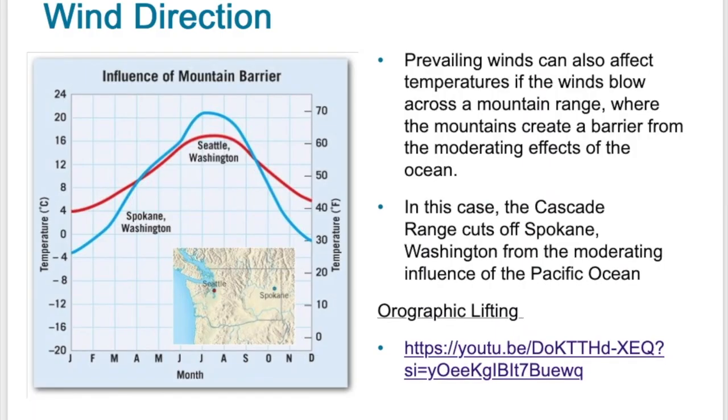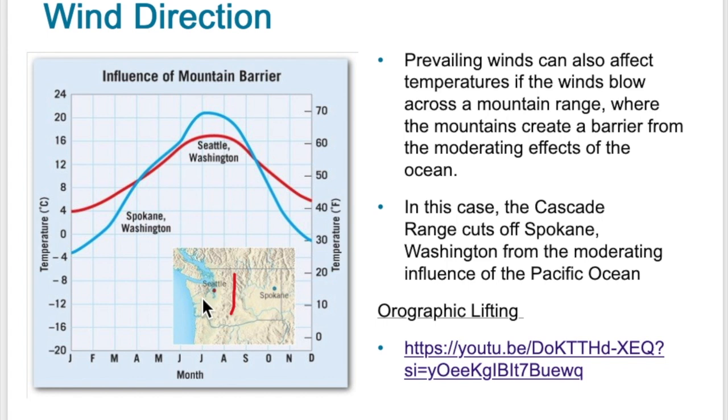And again, we're continuing on with the same lecture, but prevailing winds can also affect temperatures if the winds blow across a mountain range, where the mountains create a barrier from the moderating effects of the ocean. So in this case, the Cascade Range, which is found here, cuts off Spokane, Washington from the moderating influence of the Pacific Ocean.